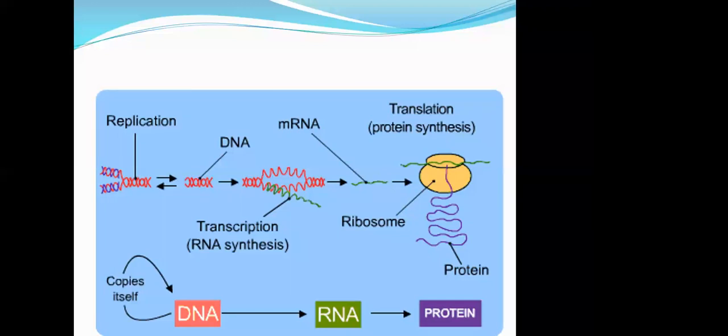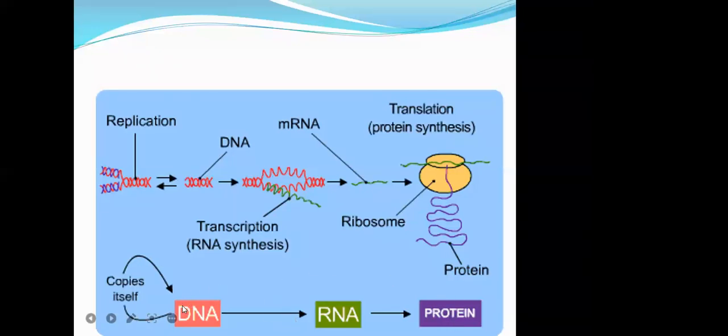From your high school days, you do remember we have transcription and translation. Within the nucleus, there are chromosomes, and these chromosomes contain DNA, and it's from this DNA that we generate protein.